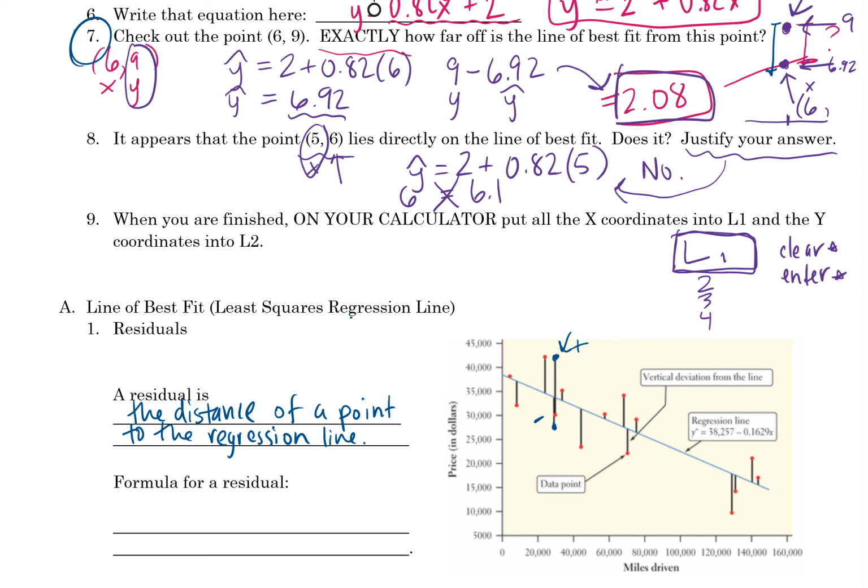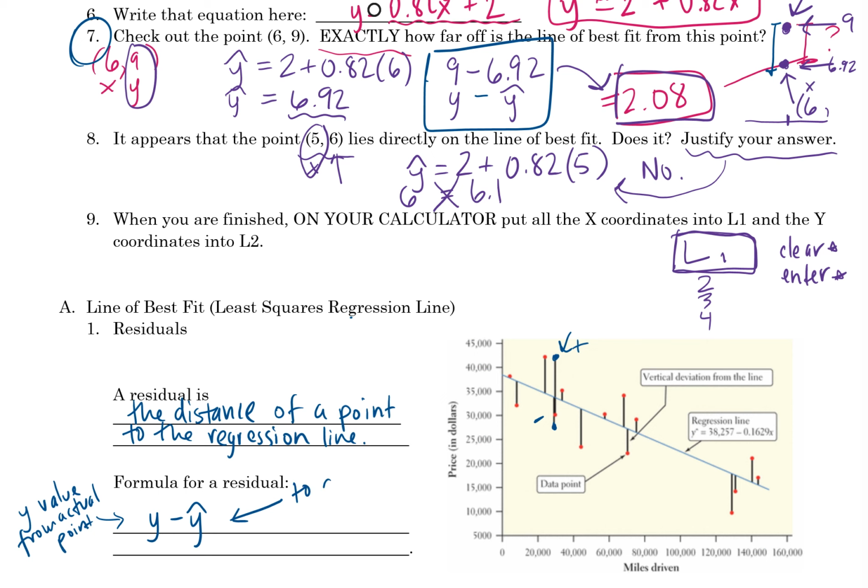Okay, and actually the formula for the residual is precisely what you did in step 7. In fact, it's this guy right here. The formula for a residual is y minus y hat, where y is the y coordinate from the actual point, so the y value from the actual point. And then y hat is what you get when you plug in x to the regression equation.